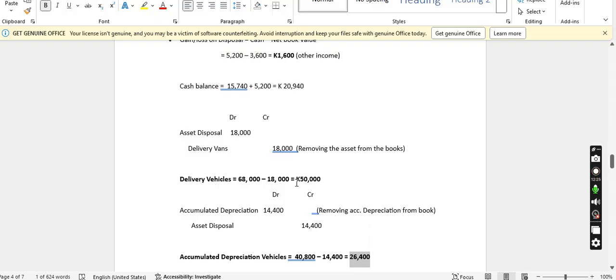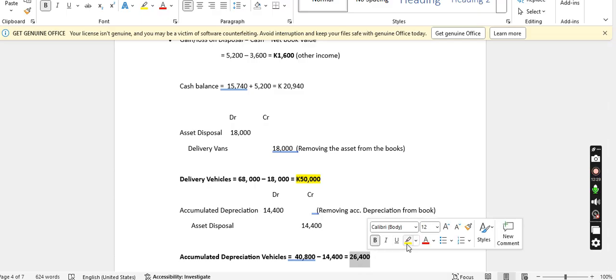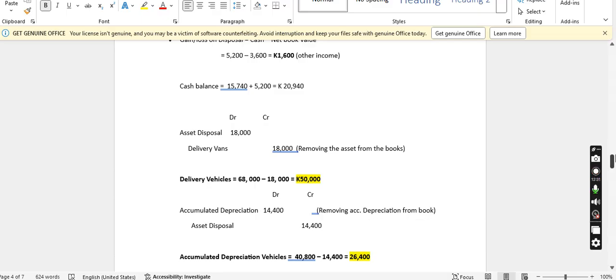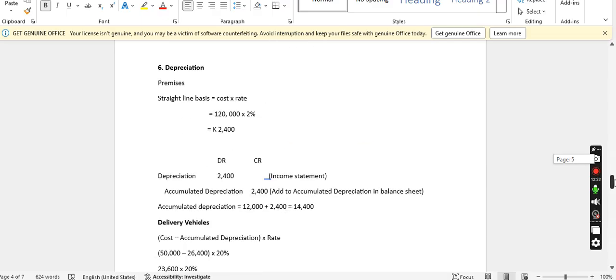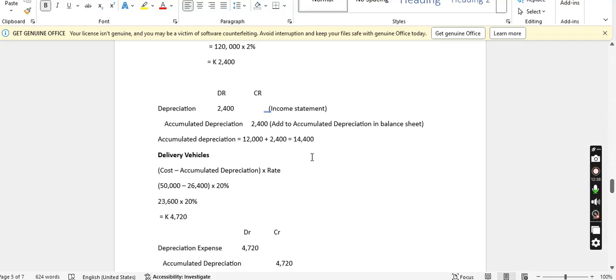So this 50,000 and this 26,400, which we adjusted, we're going to use now when calculating the depreciation for the delivery vehicles. So 50,000 minus 26,400, multiplied by 20%, that is 4,720.